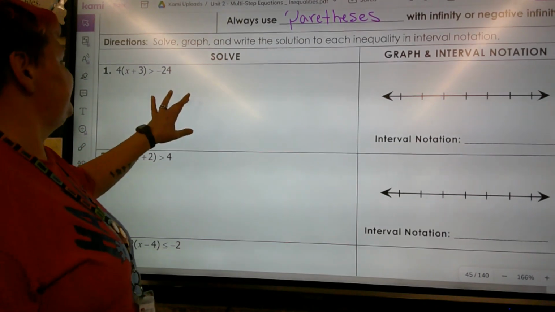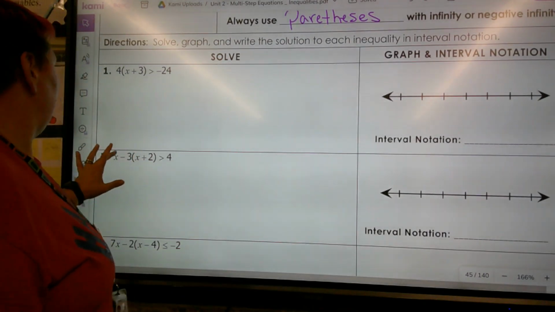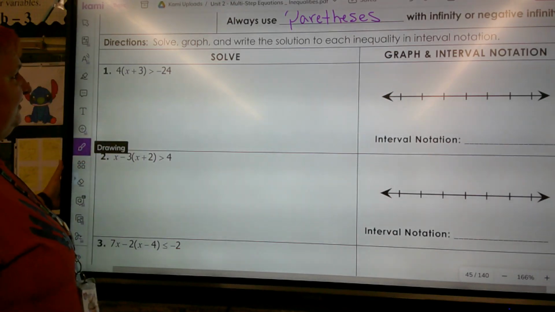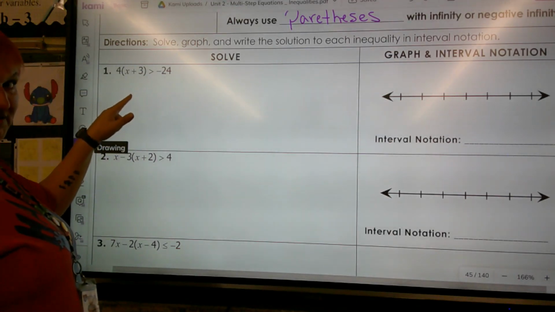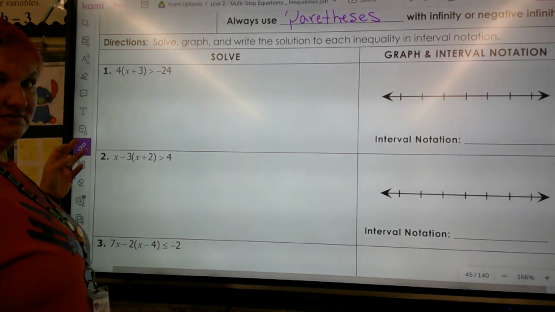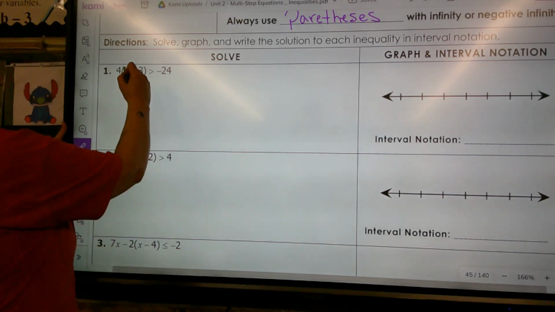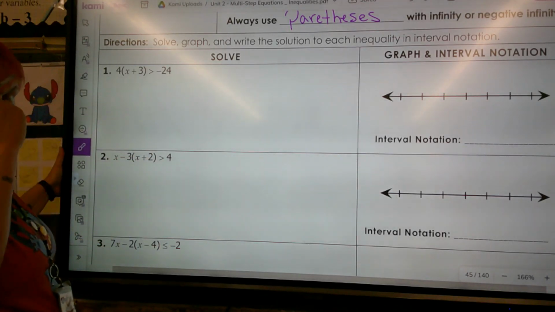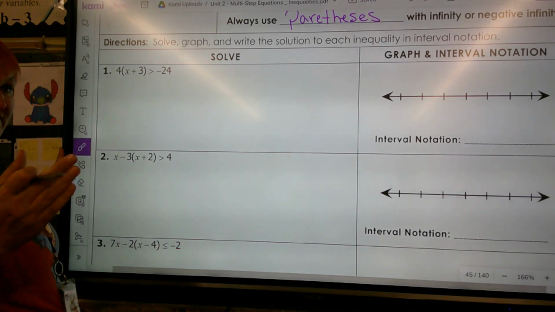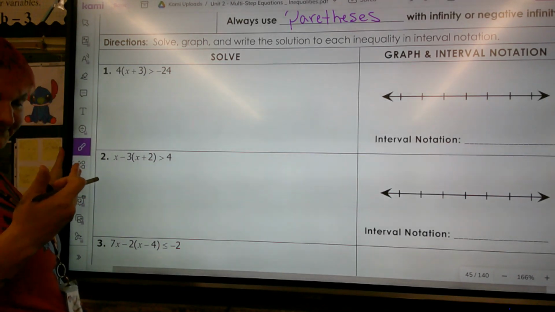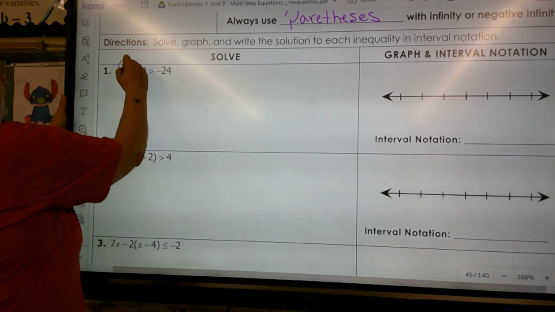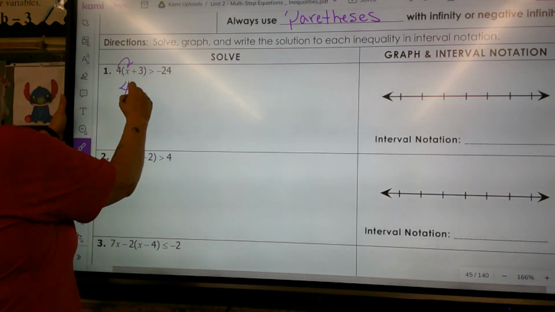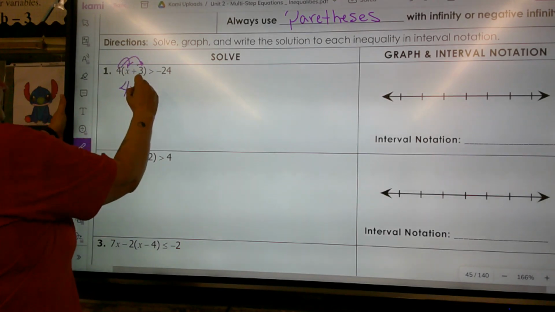All right, so first you have to solve the inequality, just like you would any other equation. Just remember the rule: if you have to multiply or divide by a negative, then you have to flip the inequality symbol. So 4 times x is 4x. 4 times 3 is 12.